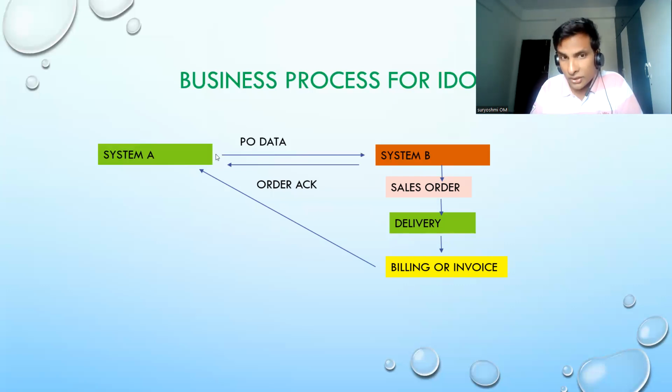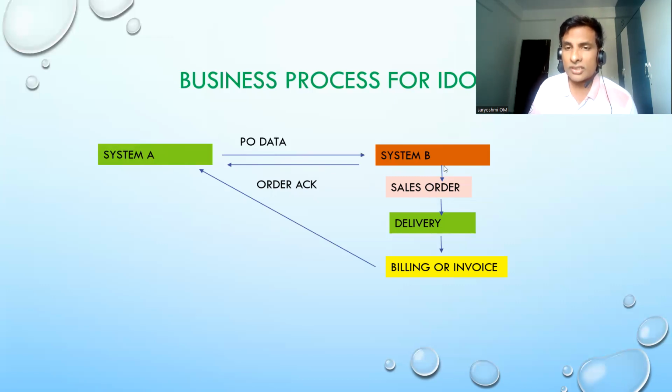If you see this PO data, if you compare system A to system B, what it is sending from system A's perspective is outbound. From system B's perspective, it is inbound PO information. Okay, order confirmation, sales order creation, it will be created. For the inbound order confirmation, the order acknowledgement for this system, for the buyer, from system B's perspective, when you are sending out this arrow, then this is outbound.